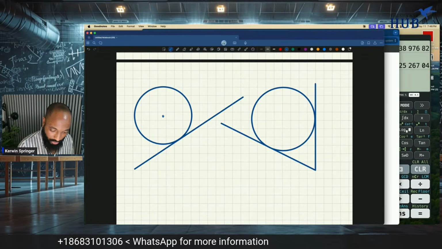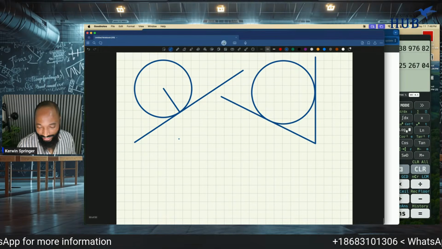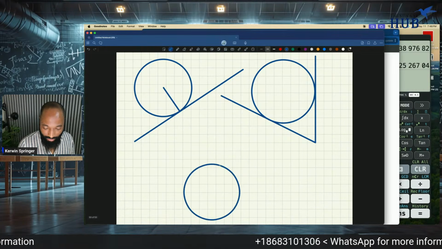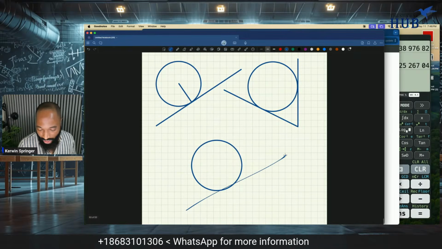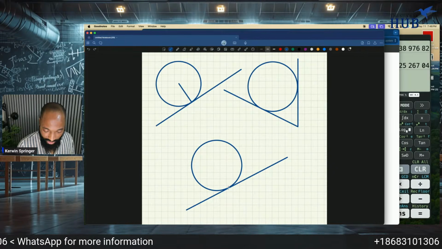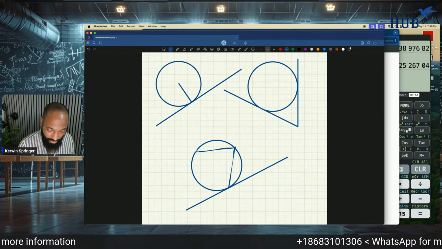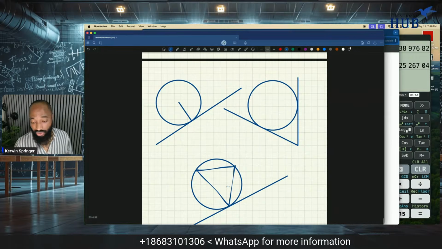It's almost the rule of a tangent and a normal. And then there's the AST, the alternate segment theorem, which works like a tangent with the point of tangency making a triangle. Like this. Those are the last 3 rules.